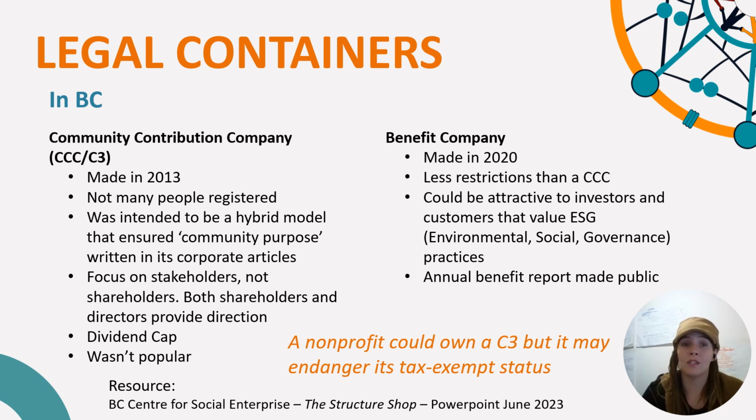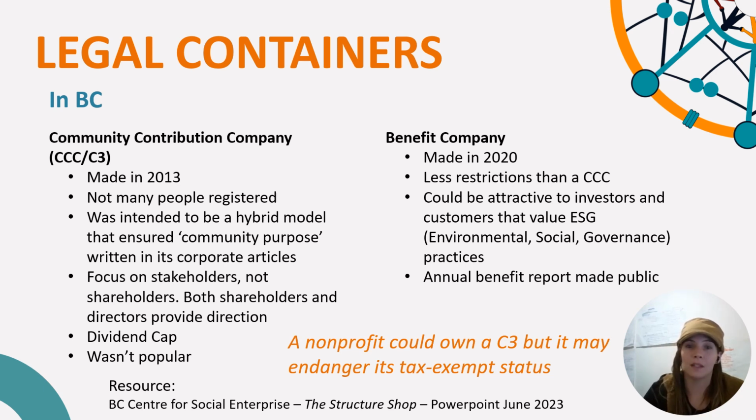So the CCC, the Community Contribution Company, was made in 2013 and wasn't very popular. It was supposed to be a hybrid model that ensured that community purpose was in the corporation's requirements. You can have both shareholders and stakeholders. It had a dividend cap, and it wasn't very popular.